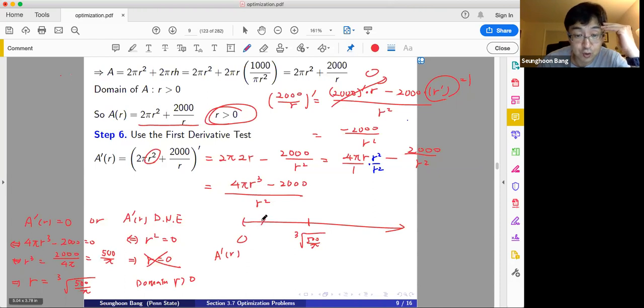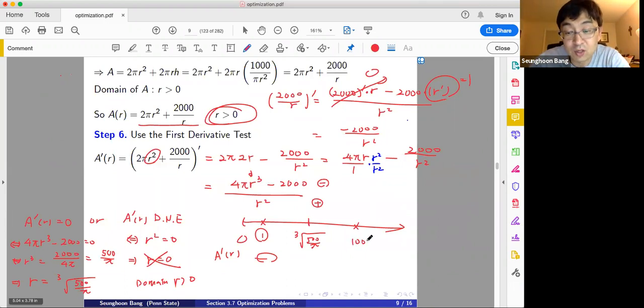Choose one number on the left-hand side, say 1. Plug 1 in: 4 pi times 1 cubed minus 2000 is a negative number, and 1 squared is positive, so the result is negative. Now choose a number greater than the cube root of 500 over pi, a really big number, 1000.